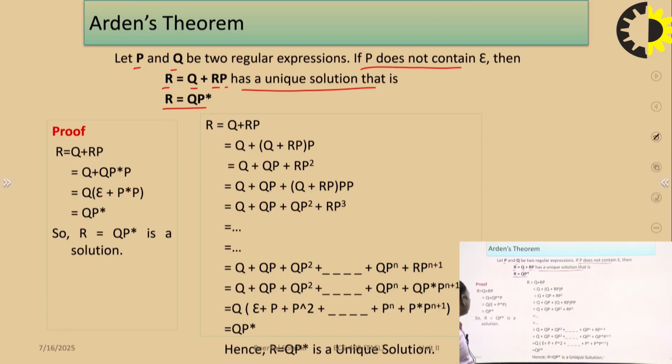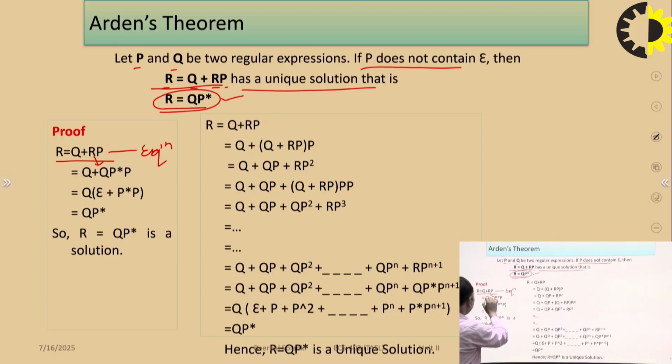Here we start from R = Q + RP. Now put the value of R from here into this equation.